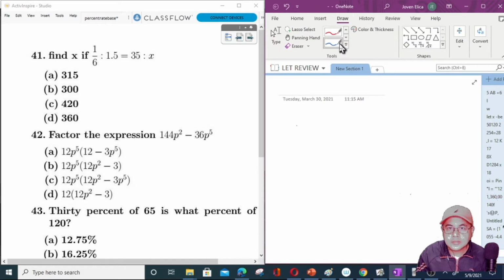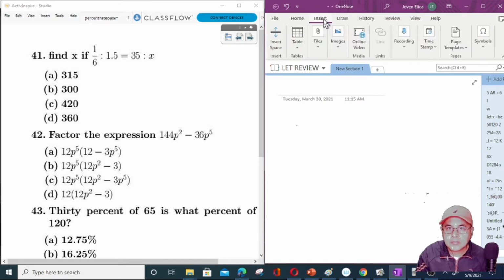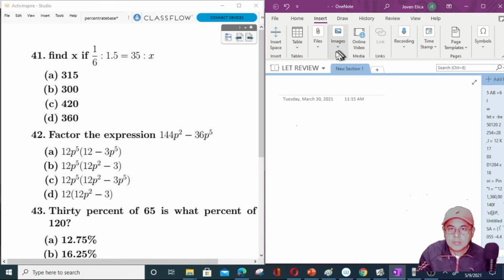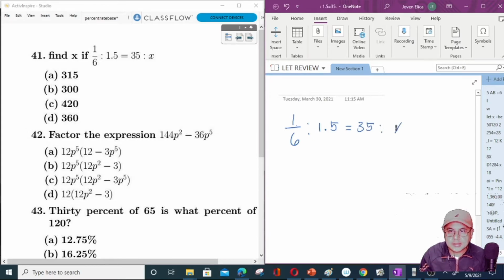So the givens are 1 over 6 is to 1.5 is equal to 35 is to x.